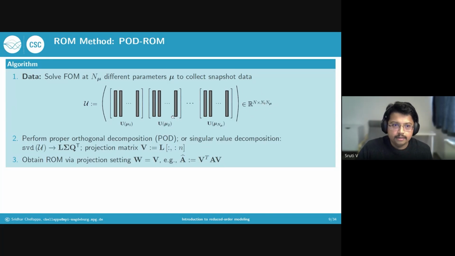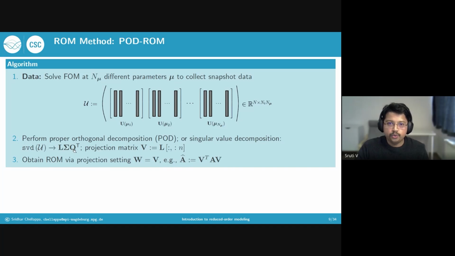Once you collect the data and put this in the snapshot matrix, of course, then the next step is to do the POD. In practice, this can be realized by a singular value decomposition. So in Python, it's just a matter of importing scipy.linalg and then importing the SVD function there. Then we call the SVD on the snapshot matrix, and the result gives us 3 factors.